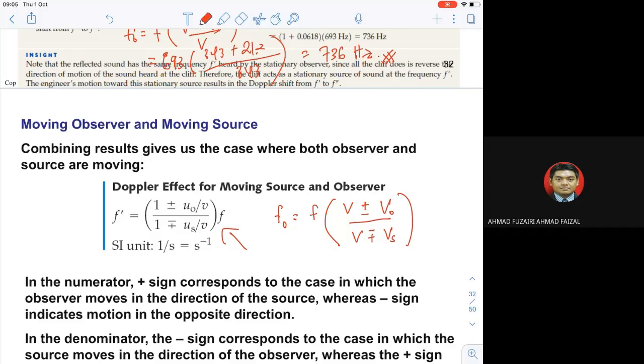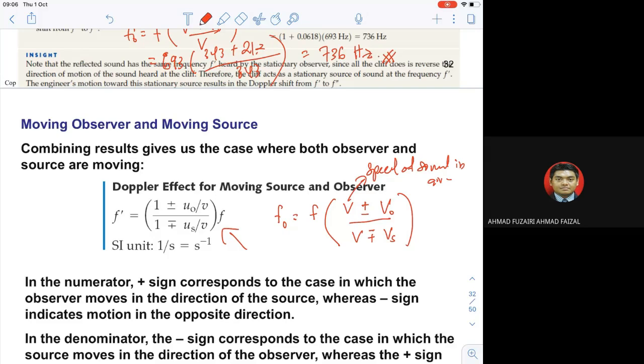Just use this one. But you need to define the situation and use the right sign, positive or negative, for the velocity. Because you need to know that V is always the speed of sound in air, so the value is 343, always 343.